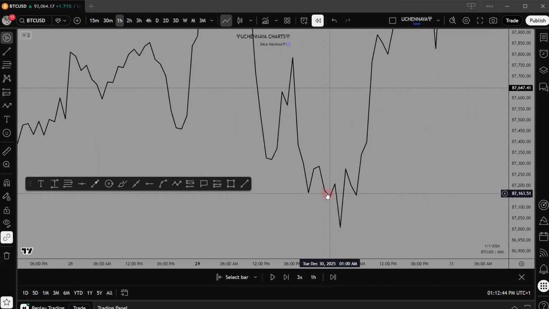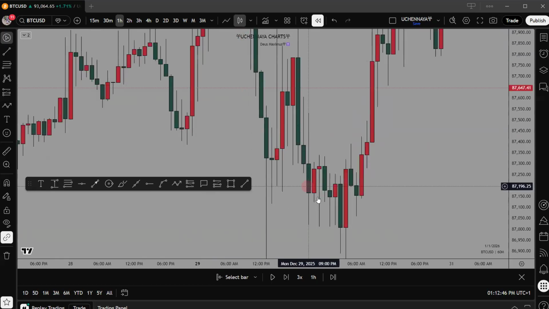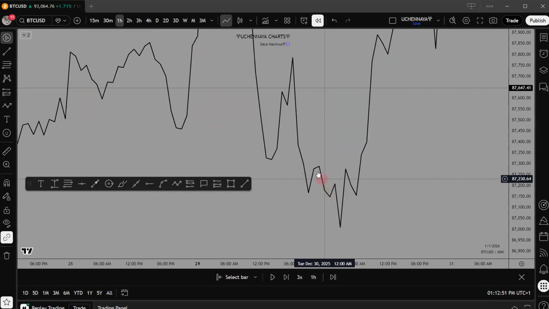Now for a bearish QML, I don't know if I'll find one. This is also another QML right here. I don't know if it was, yeah, it was mitigated. This is another QML. Support, resistance, support gets broken, turns into an SBR. This SBR gets broken again, turns into a QML support. Then price comes into that level.